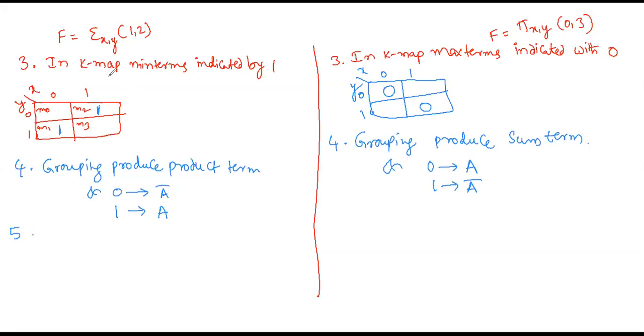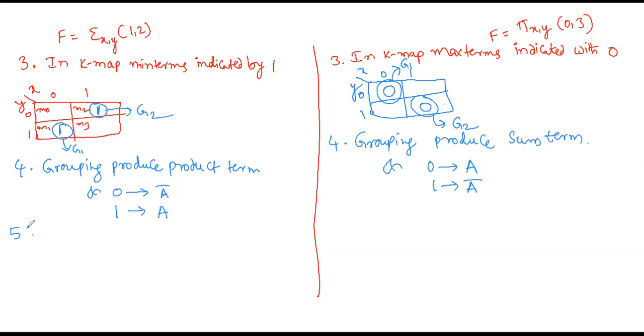Here we have two groups. We can't group these two minterms as one because they are diagonal, not adjacent. So we have two groups, G1 and G2. Here also, these two maxterms we can't combine as a single group because they are diagonal, so we form two different groups, G1, G2.